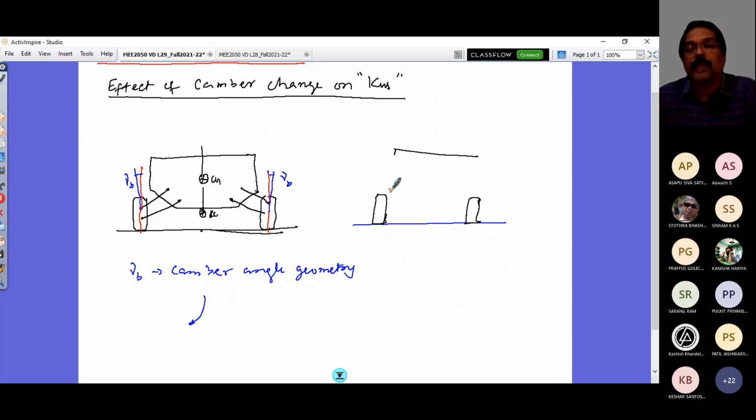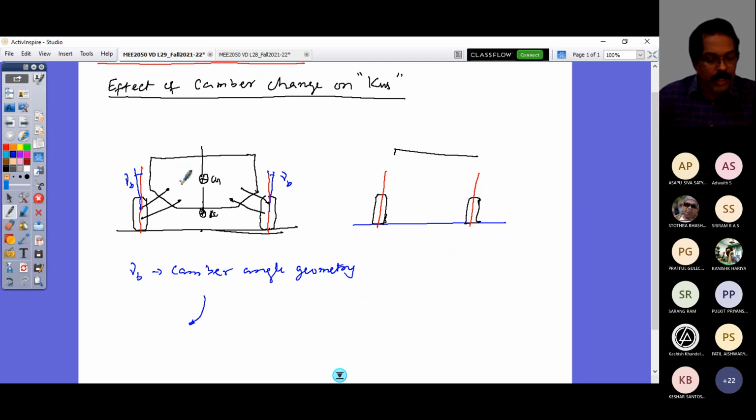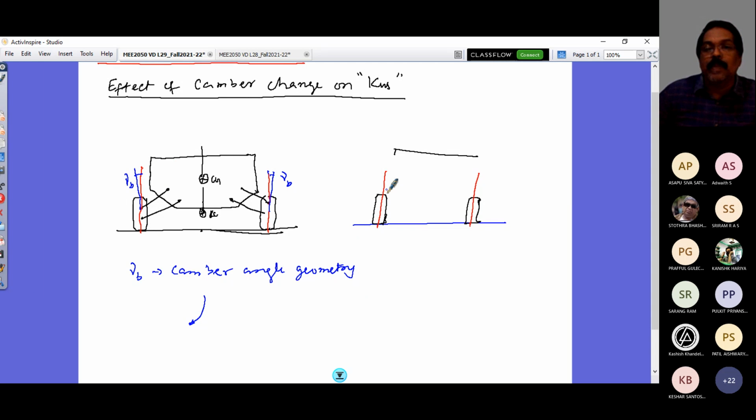This is wheel plane line. Now, what was my design geometrical camber angle would be whatever was there. So I use the same blue color for the design geometrical angle.